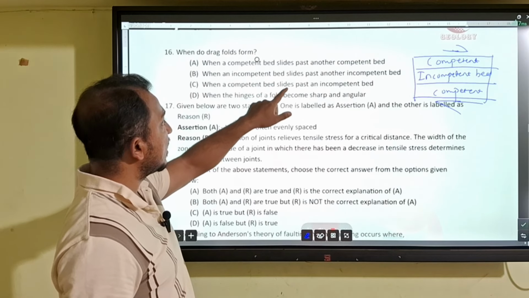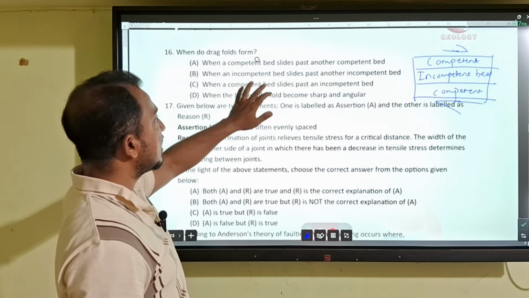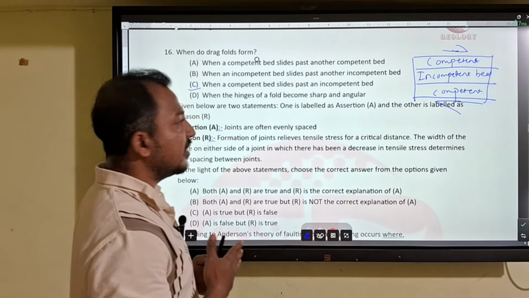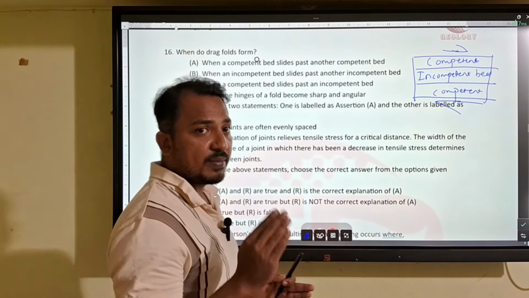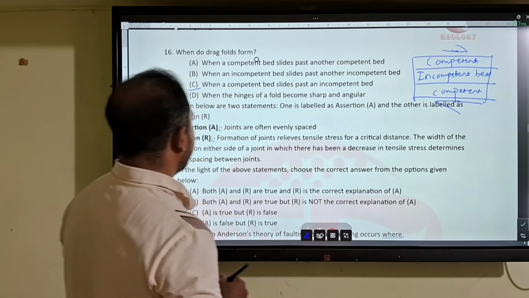When a competent bed slides past another competent bed, it is not a feasible condition. When an incompetent bed slides past another incompetent bed, it is not feasible. When a competent bed slides past or shears over an incompetent bed, then the incompetent bed will produce a fold, that is called a drag fold. So option C will be correct.